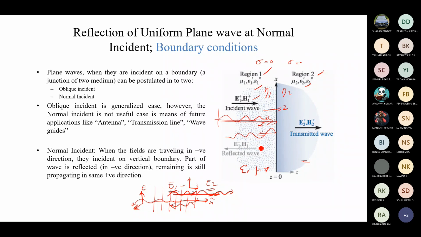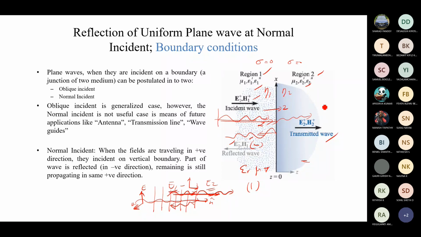To describe that, we always use the negative sign. So you can see E1 minus, H1 minus, where the subscript 1 indicates that the field is available in medium 1. And some amount of energy goes inside medium 2, and that is what we refer to as the transmitted wave. In many books, it is still stated as a transmitted wave.